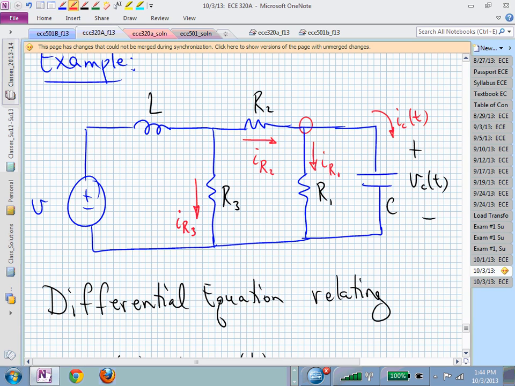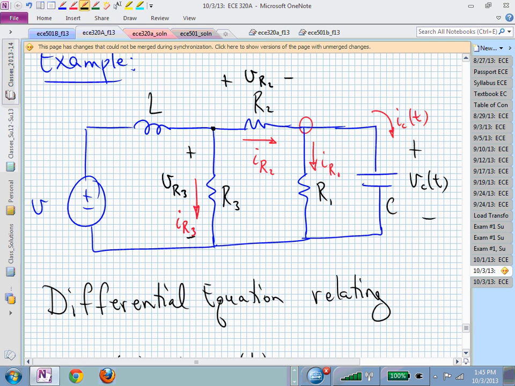But we know what the voltage across R2 is, don't we? This is now plus V sub R sub 2 minus. And now we know how to relate that to this voltage. Do you see what I'm doing? So V sub r sub 2 is what?